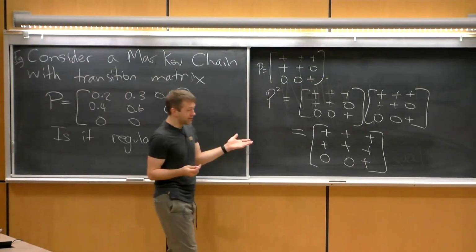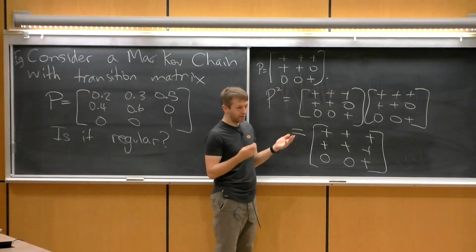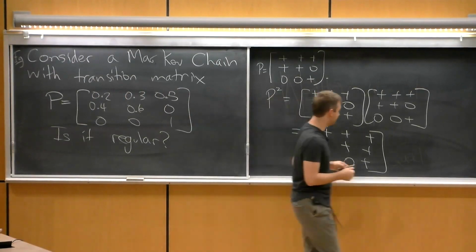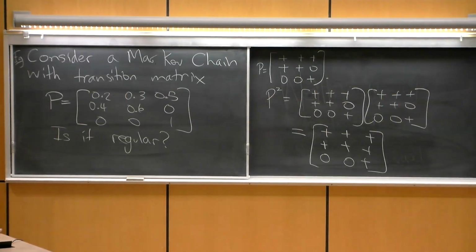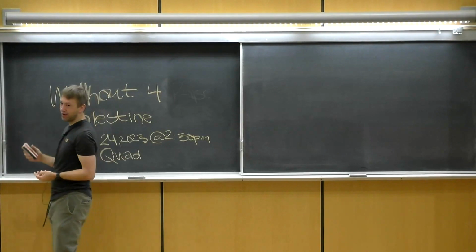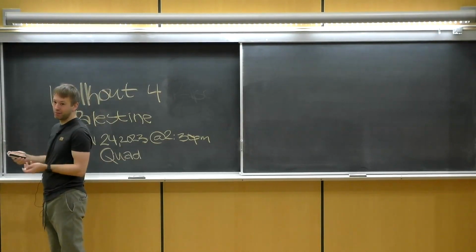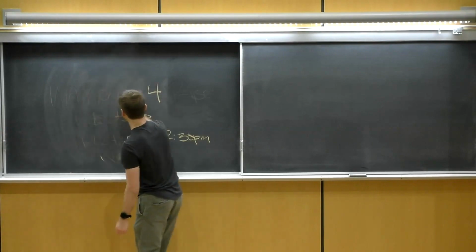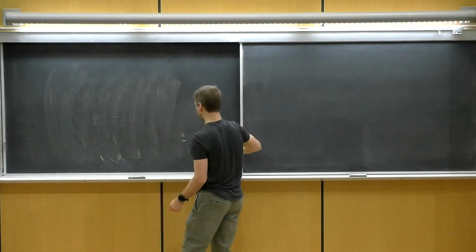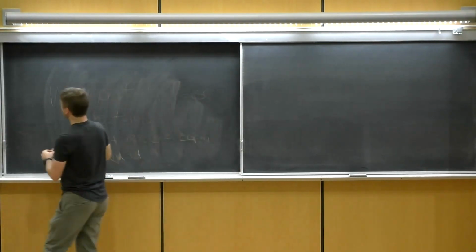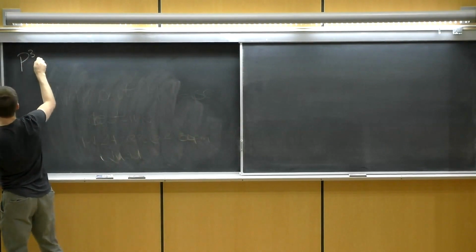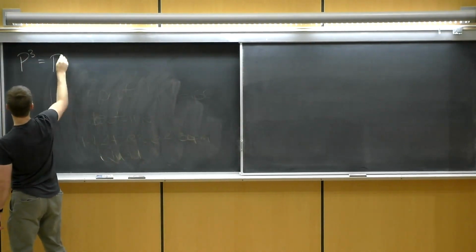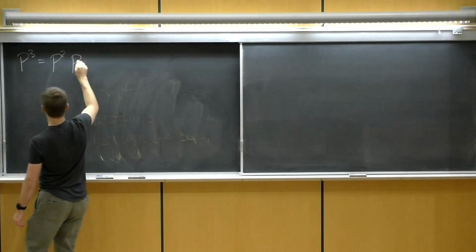Okay, at this point, we still can't say anything about this because it could be regular, because maybe if I take P cubed, maybe it's going to be all positive. We can't really say at this point. So let's analyze P cubed.